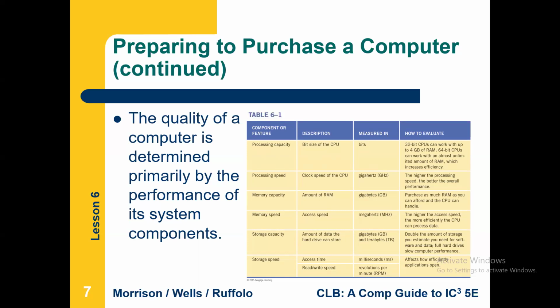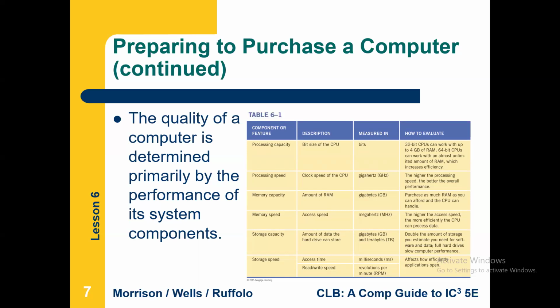CPU. Then the next thing you need to look out for is the memory capacity. That is the amount of RAM that your computer has. So the amount of RAM here will also tell you how much data the CPU can handle at a single point in time.